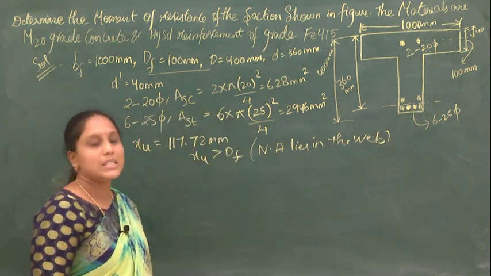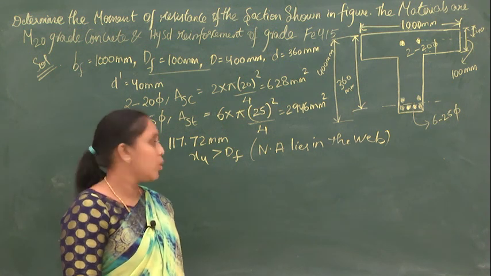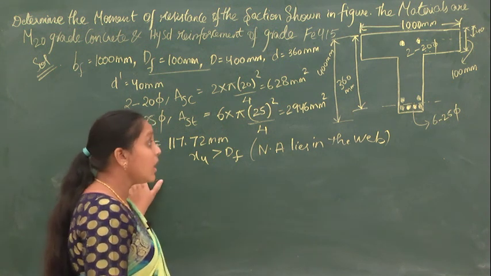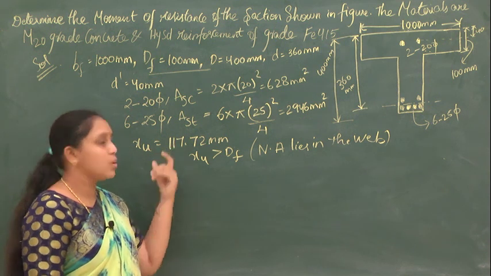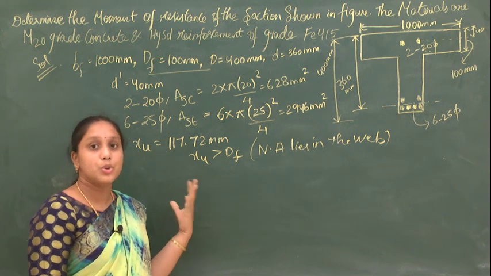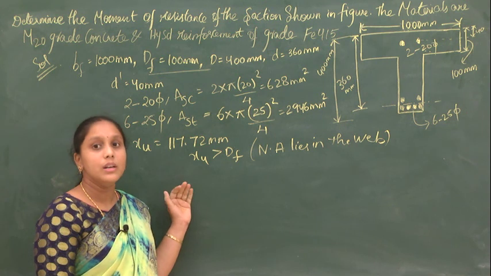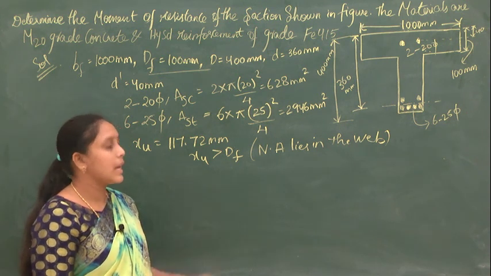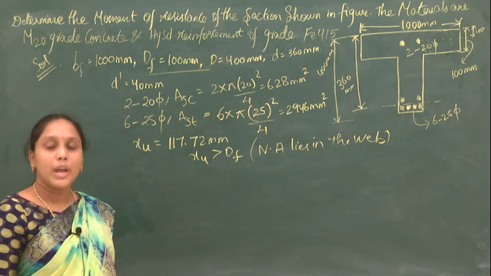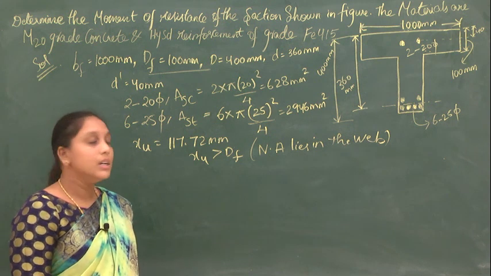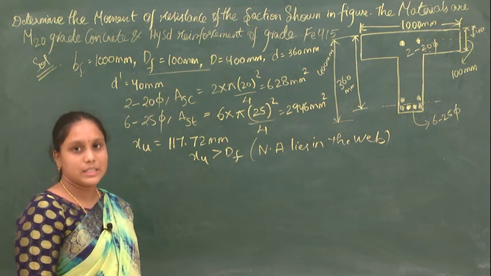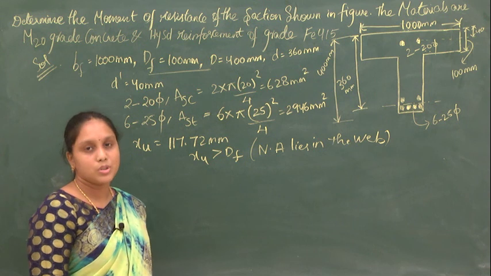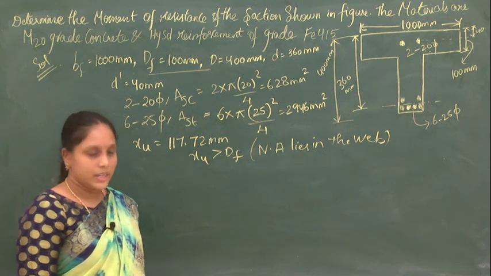This XU value was obtained assuming that the neutral axis lies in the flange portion. As the neutral axis is lying in the web portion, we have to calculate the new neutral axis depth by equating the forces of compression to the forces of tension.